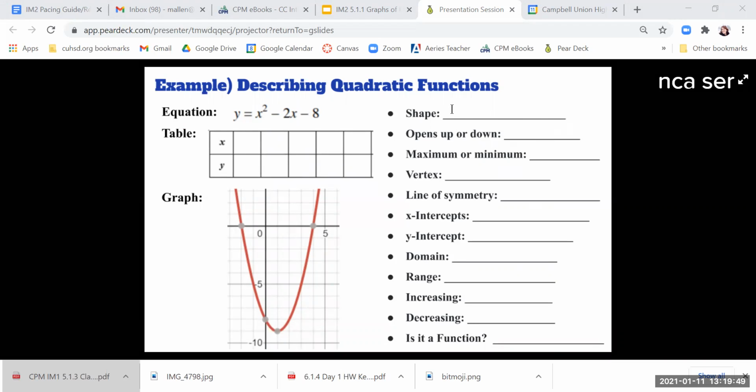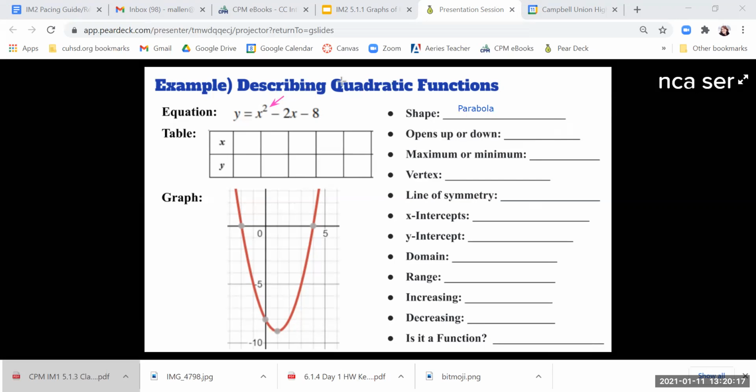So our shape is always going to be a parabola when we're dealing with a quadratic. And something to look for to determine whether it's a parabola is this term right here. We have an equation, y equals a bunch of terms involving x, and the highest exponent and variable we see is x to the second power. This tells us it's a parabola, that it's a quadratic.